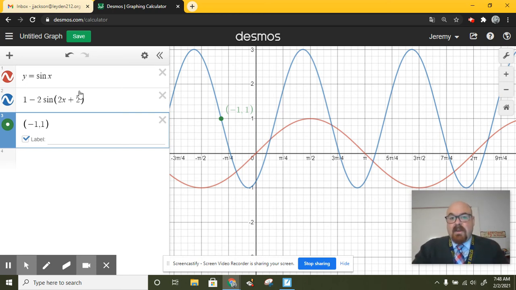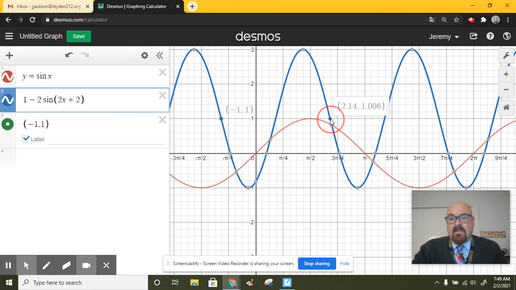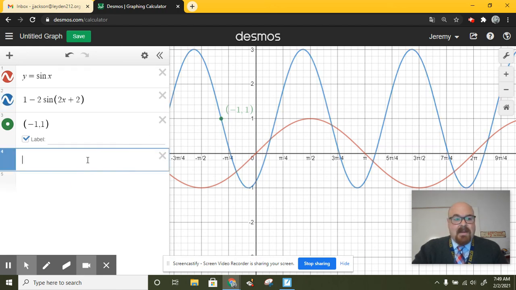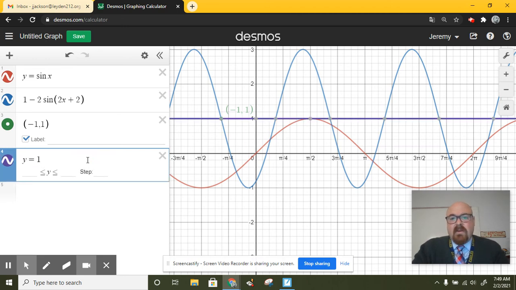Now, since the period we saw had a value of pi, this point over here where the period ends, notice 2.14. Okay, so what is the distance from -1, where this point is, right? On that midline, there's our midline, right? So here's that point, -1, 1, right?